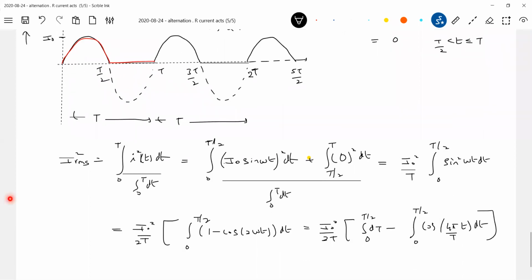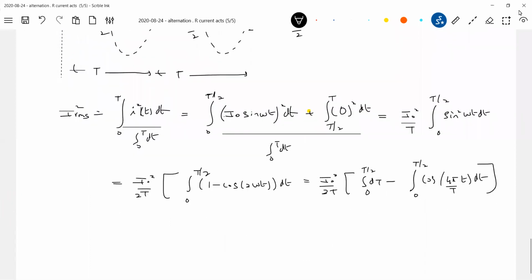So now I can give differently shaped graphs and ask you what is the RMS. This is one very popular way of testing students. So this should be equal to I naught square by 2T times T by 2, minus the quantity T by 4 pi sine of 4 pi t by capital T, 0 to T by 2. What can this whole sine 4 pi be? This will become 0.